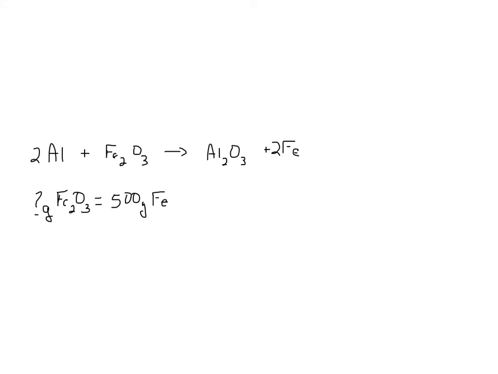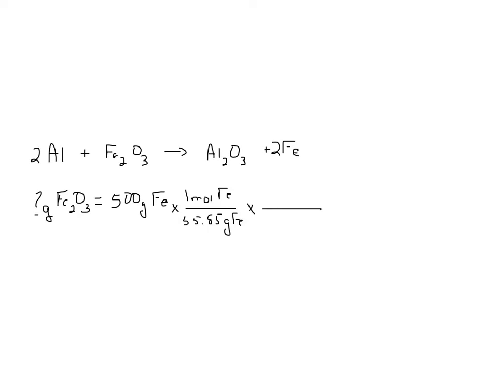Well, here's our beginning. We're trying to find how many grams of Fe2O3 given 500 grams of Fe. First step, change to moles. So 1 mole of Fe over its molar mass, 55.85 grams Fe.